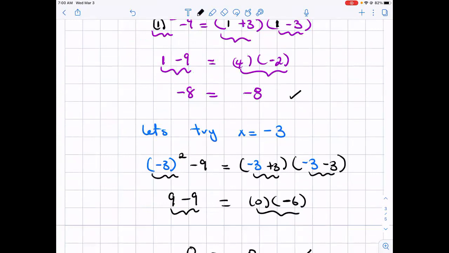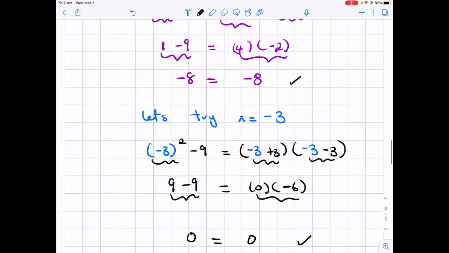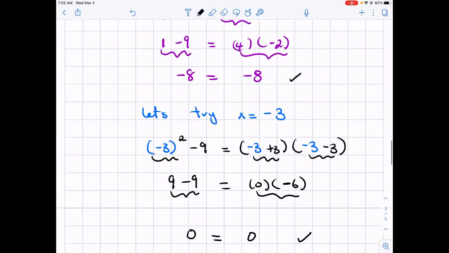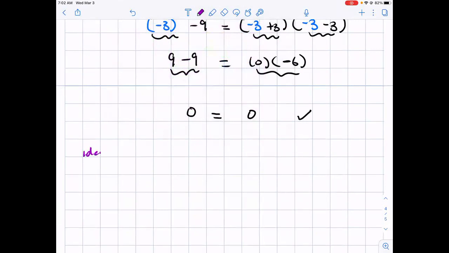And we can continue doing this for a very long time. When this happens, it's called an identity. So this here is what an identity is. Another example of an identity would be x over 3x squared equals 1 over 3x.